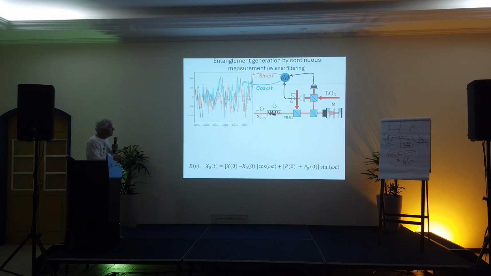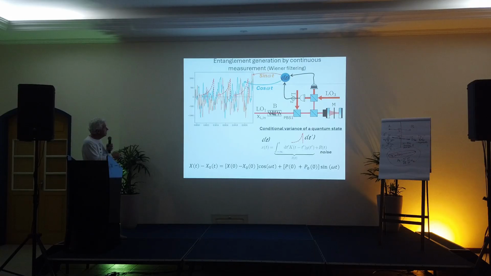But if we apply a suitable filtering, and this should be the rising exponent, and then we measure here, and another rising exponent, and we measure here, and we apply it to both cosine and sine. And if we do it right, then we actually estimate the quantum state of the composite system at this point in time, and then at this point in time, and then at this point in time. So the duration of this measurement process should be much shorter than the decoherence time, obviously.